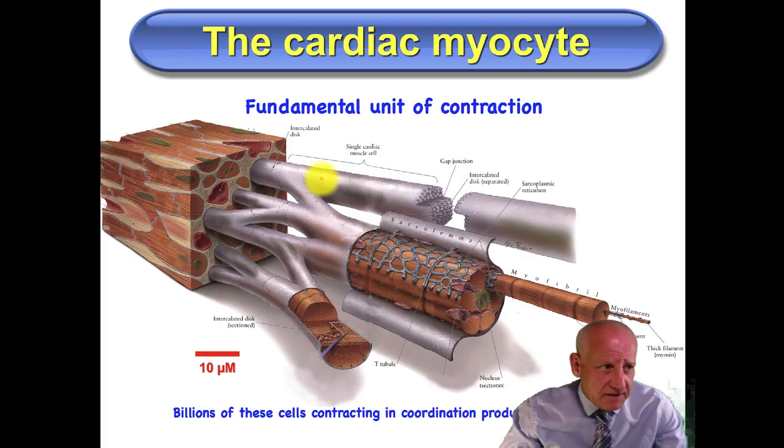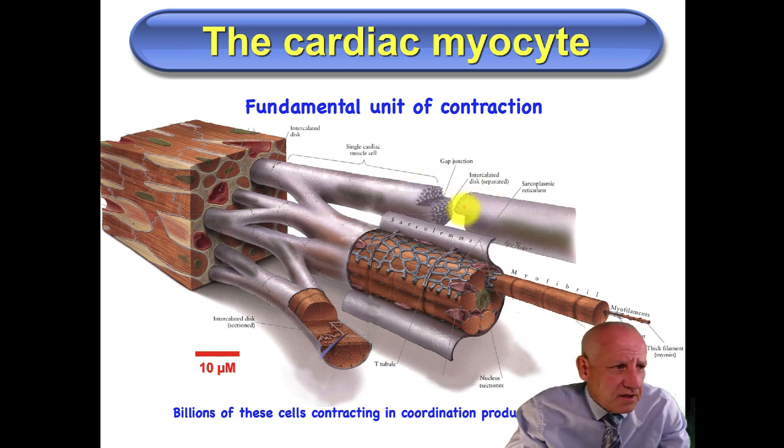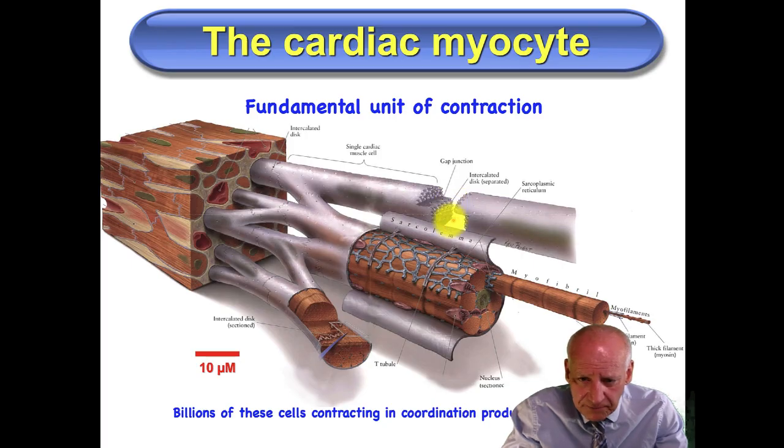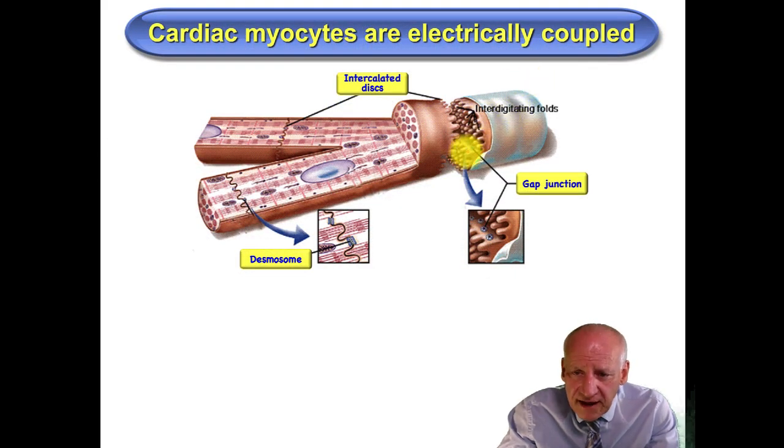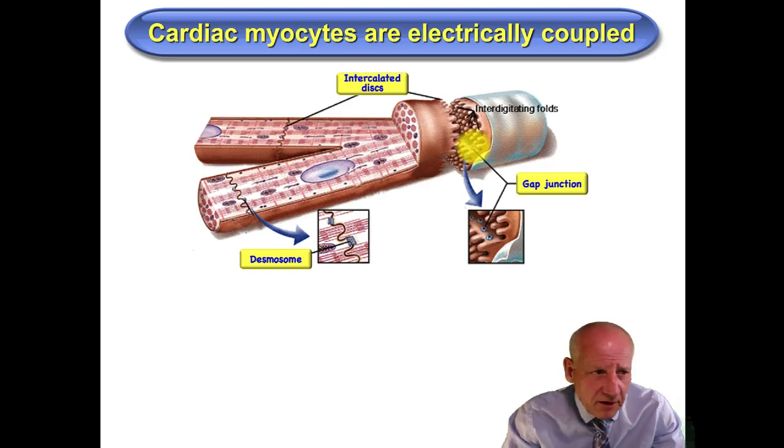And these rod-shaped cells branch and connect with one another end to end, and they join at structures called intercalated discs. This is where finger-like projections of each cell interdigitate. And at these interdigitating projections, we find channels in the cell membrane called gap junctions, button-like clusters of membrane proteins.